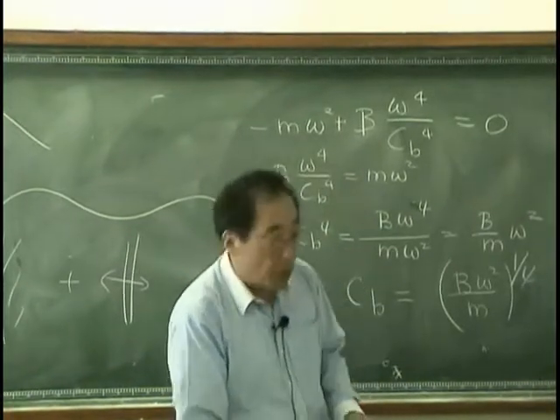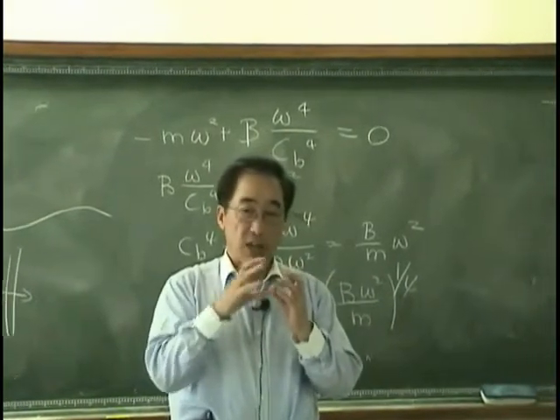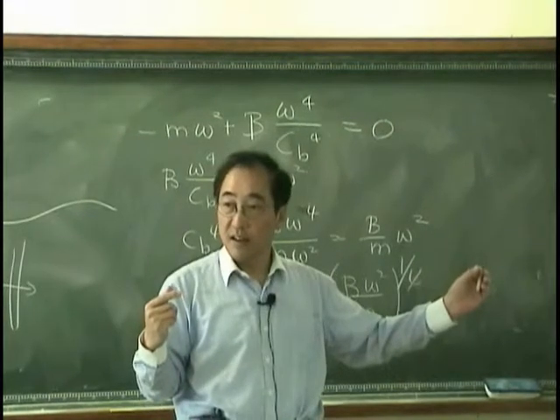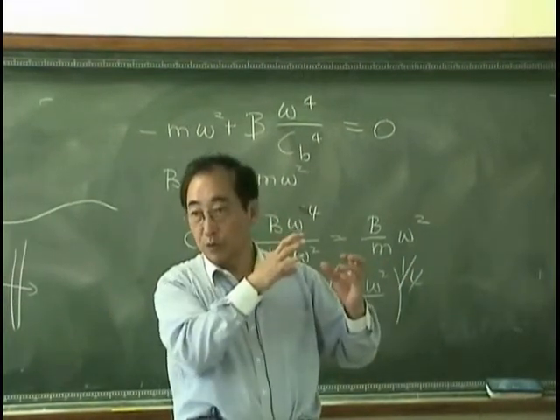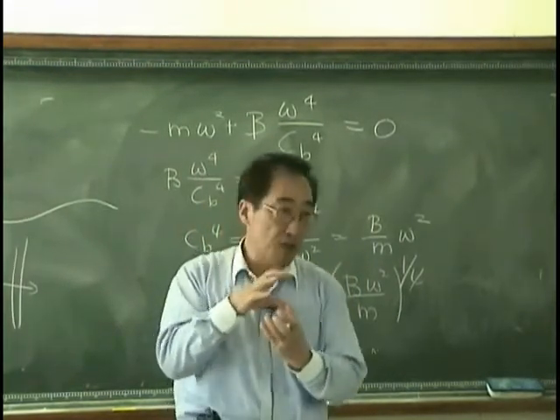In other words, what we are doing is, here is a spring mass dashpot, here is a string, and here is another string. And how much wave would be transmitted totally depends on this impedance mismatch.